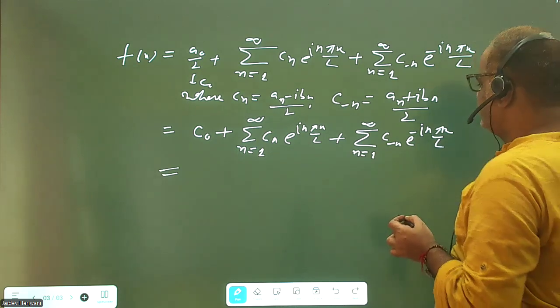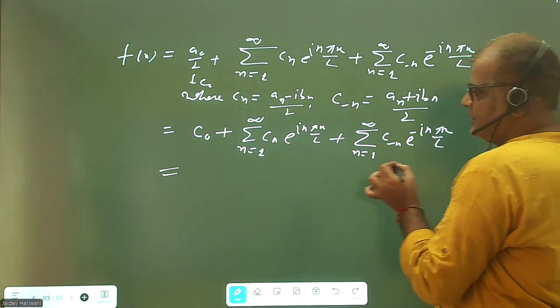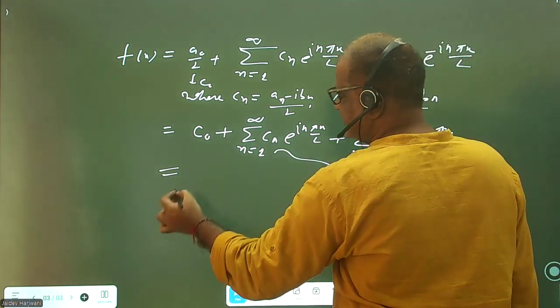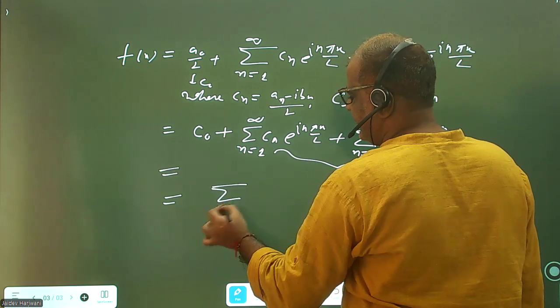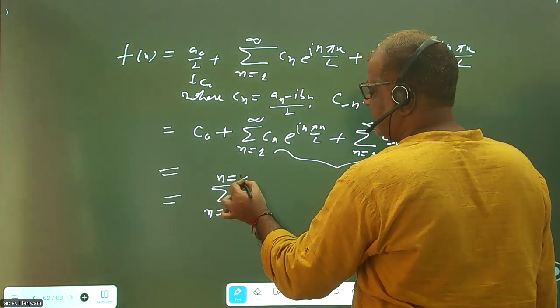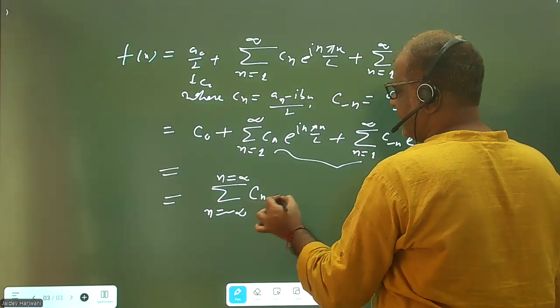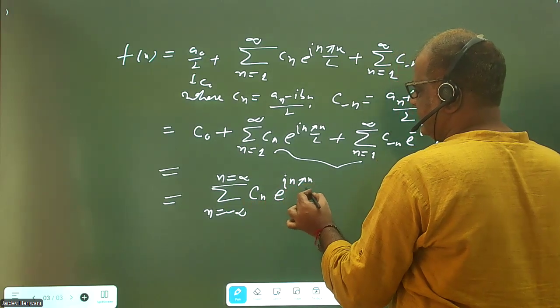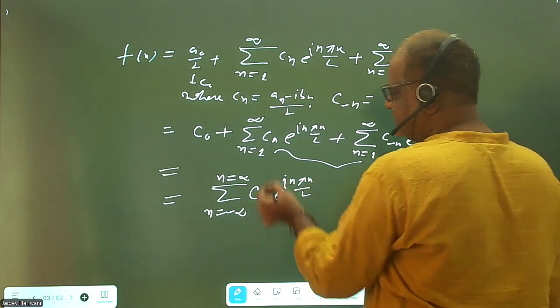Here n is minus, so combining these two summations including c0, I can write this as the sum from n equals minus infinity to infinity of cn e to the power iota n pi x upon L. Now this contains 0 also.